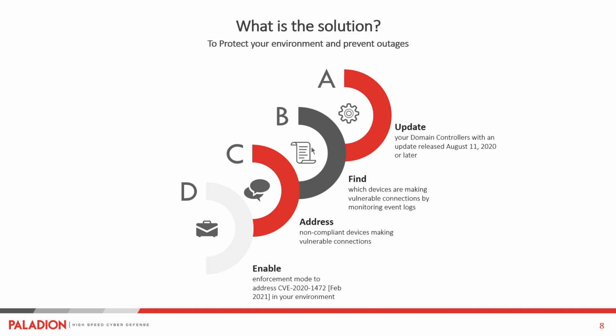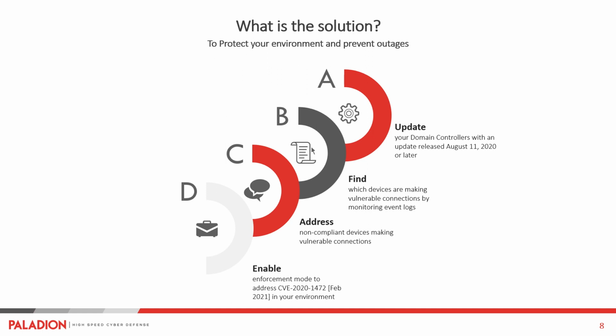To detect or identify such assets, Microsoft has also released 5 new system events which will assist in detecting all non-secure RPC connections. We'll talk about those events in the upcoming slide.